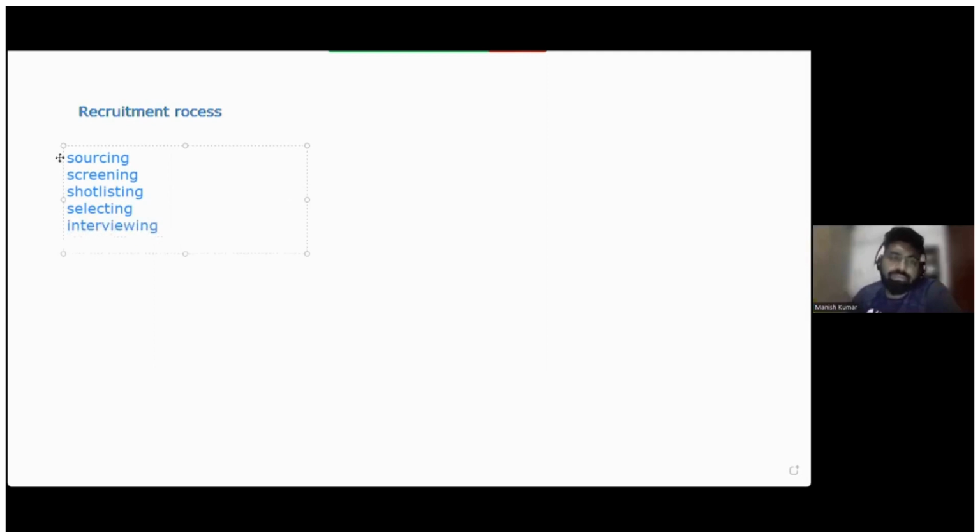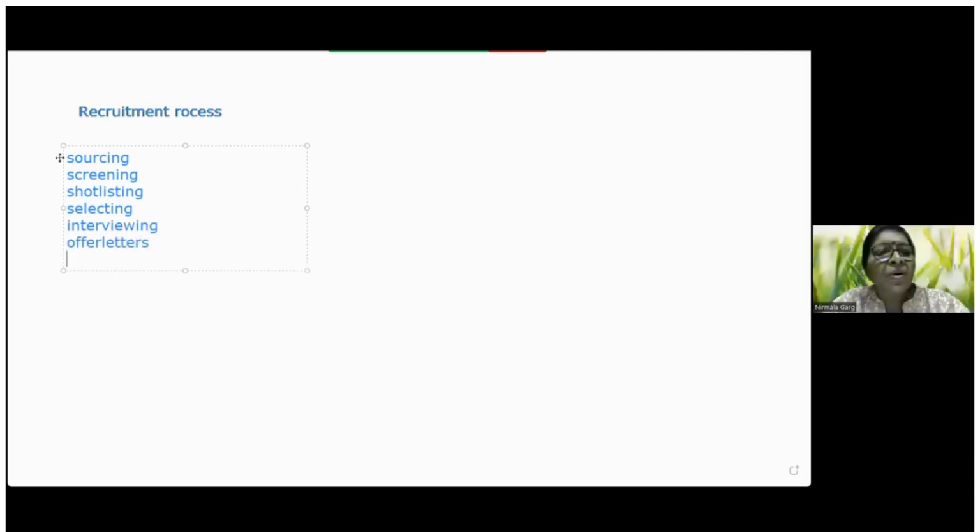I'm taking broad elements of this process. You know what broad means? Broad things of the process. Selecting. Negotiation.